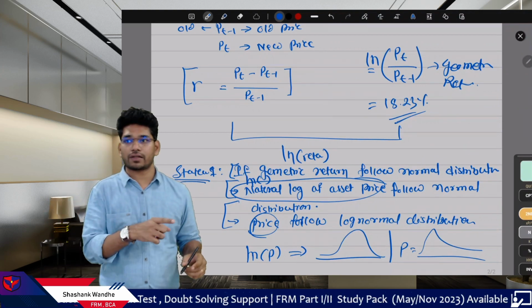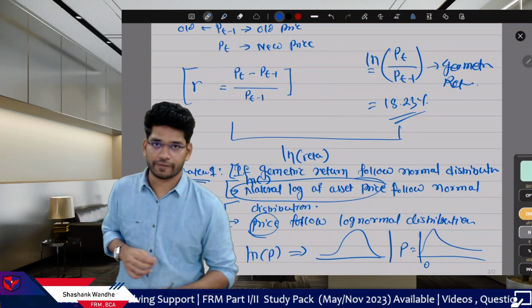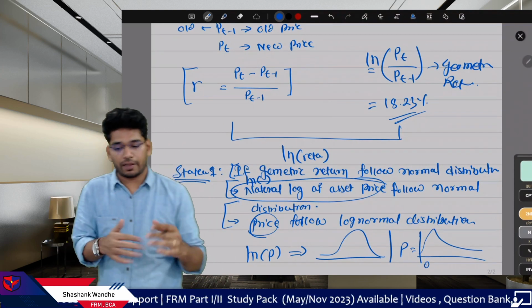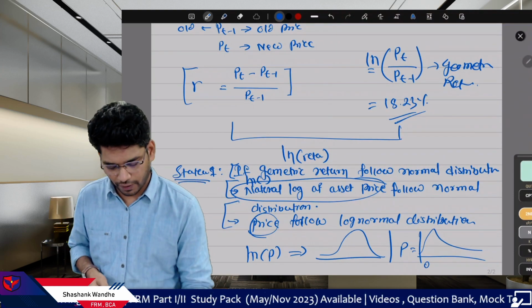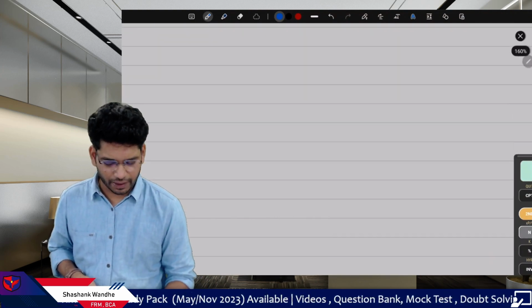I hope you understand. This is log normal distribution bound by 0, and skewed to positive. So this is the statement, the further explanation for what you need to remember. Very easy, not very difficult thing, right?